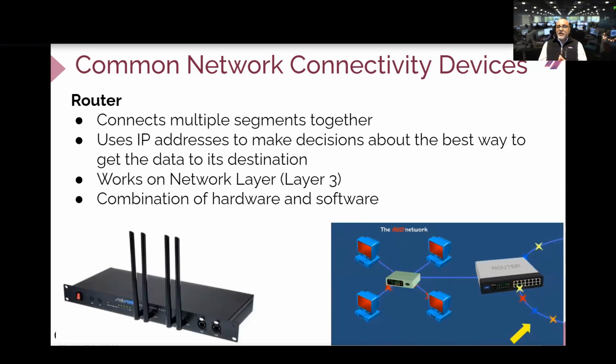Okay, and the way it's deciding, it's not using MAC addresses, but it's using IP addresses. And where do IP addresses play a role? They play a role on layer 3. Okay, so a bridge and a switch work at layer 2. The router works at layer 3.